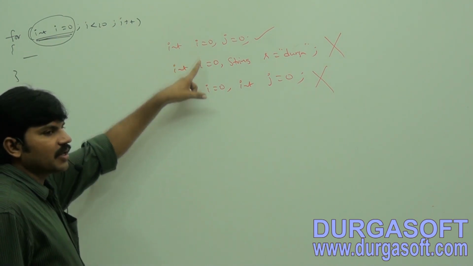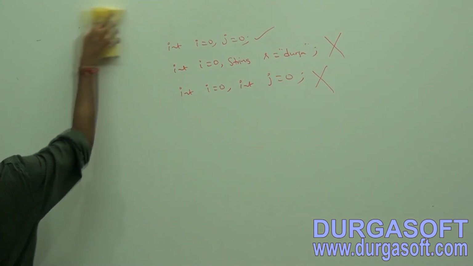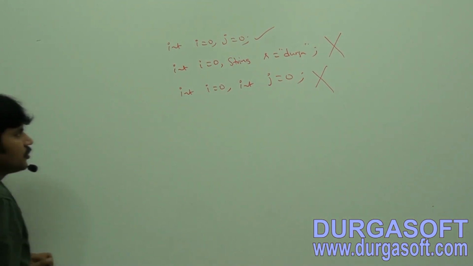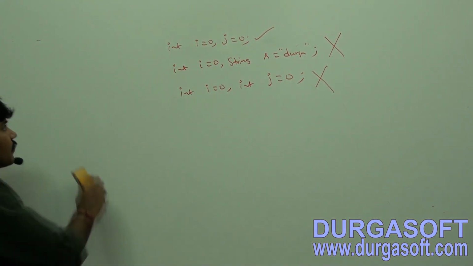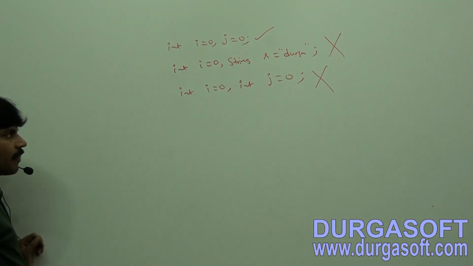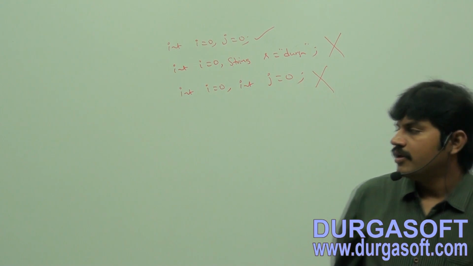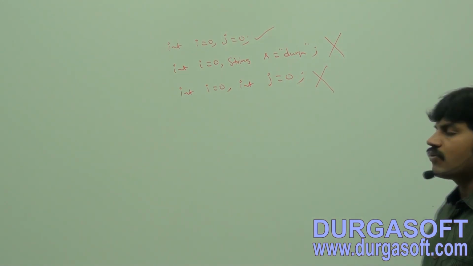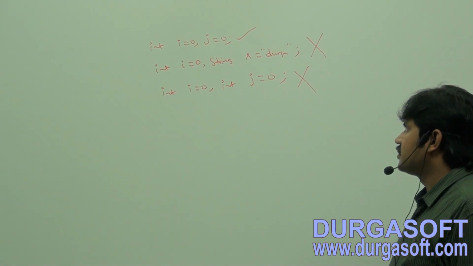Like in this example, int i = 0, comma j = 0 is valid. Next, int i = 0, comma string s = Durga.